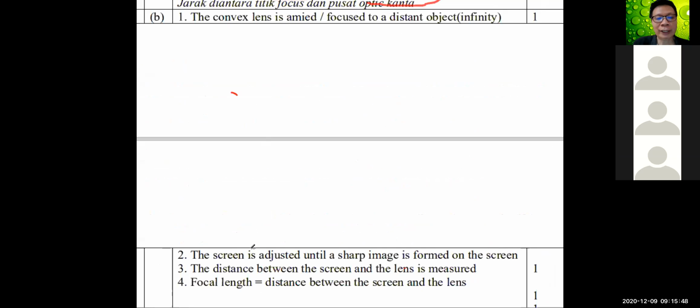Then the screen is adjusted until a sharp image is formed. Then the distance between the screen and the lens is measured. That's the answer. Focal length is the distance between the screen and the lens. Okay, 4 marks. Got it? Ping Hao, got it? Yes. Okay, thank you, Ping Hao.